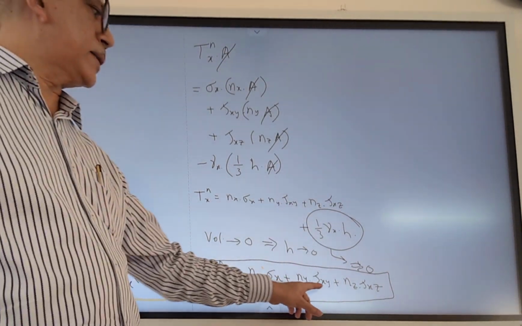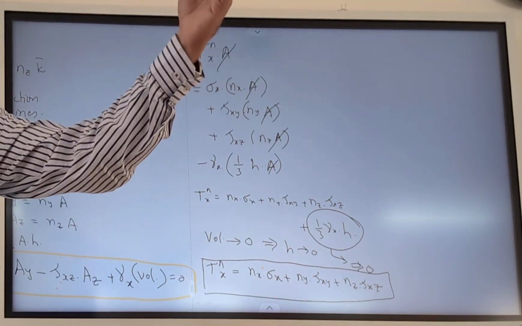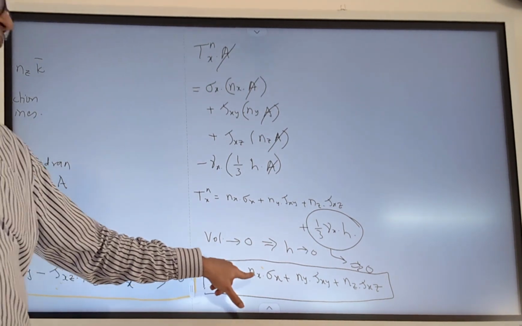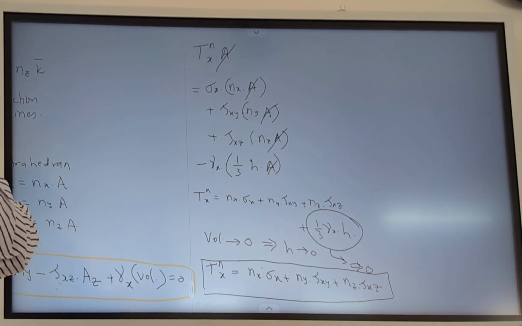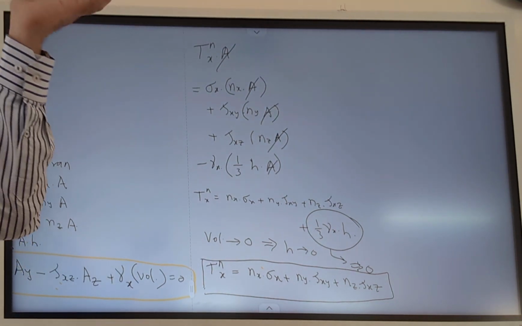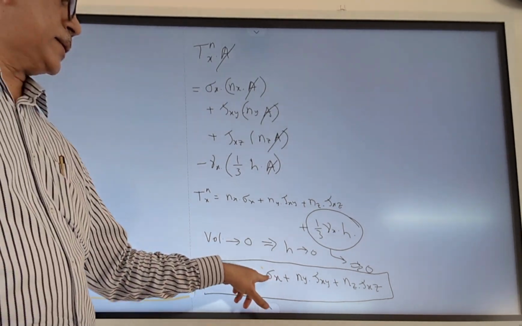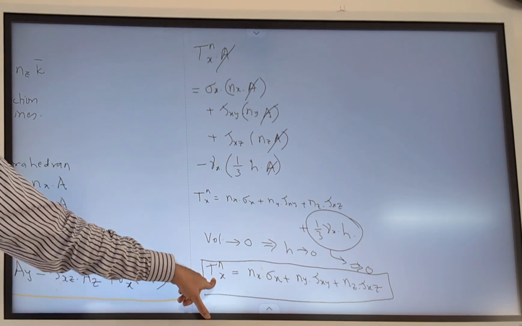If you know sigma x, tau xy, tau xz, which is the first row, we can calculate Pnx for any arbitrary values of nx, ny, nz. nx, ny, nz are the direction cosines of the arbitrary plane, so they can take any values. As long as you know sigma x and the other terms, you can calculate Pnx.